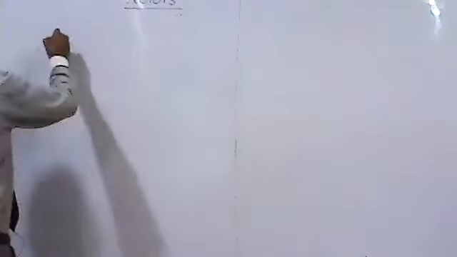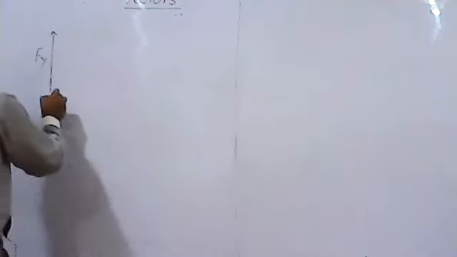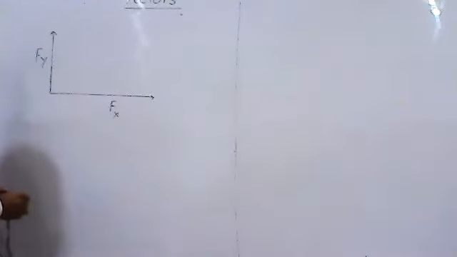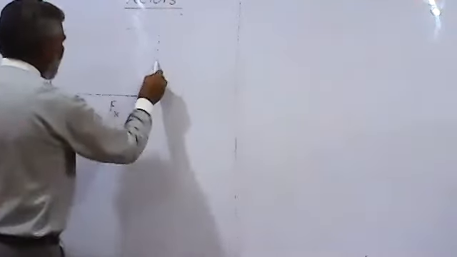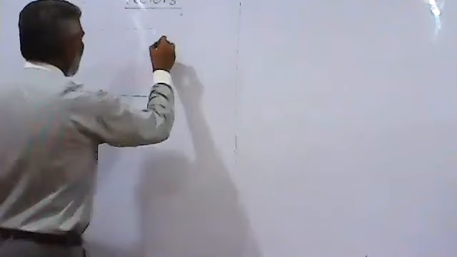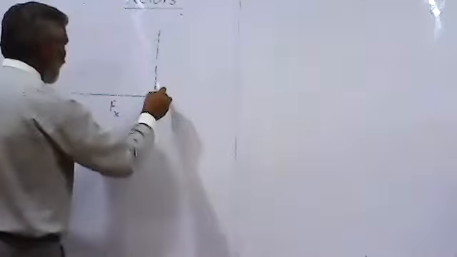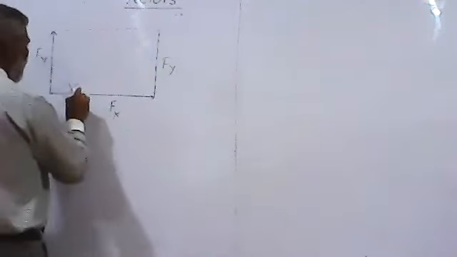If two components are given, like Fy is one component and Fx is one component, how do we find the resultant? One method of vector addition that we discussed in the beginning is that we apply Pythagoras, and the reason is that we have a right angle triangle: we have Fx here, and Fy, which is just another vector perpendicular to Fx, imagined here, gives us a right angle triangle with an angle theta given here.